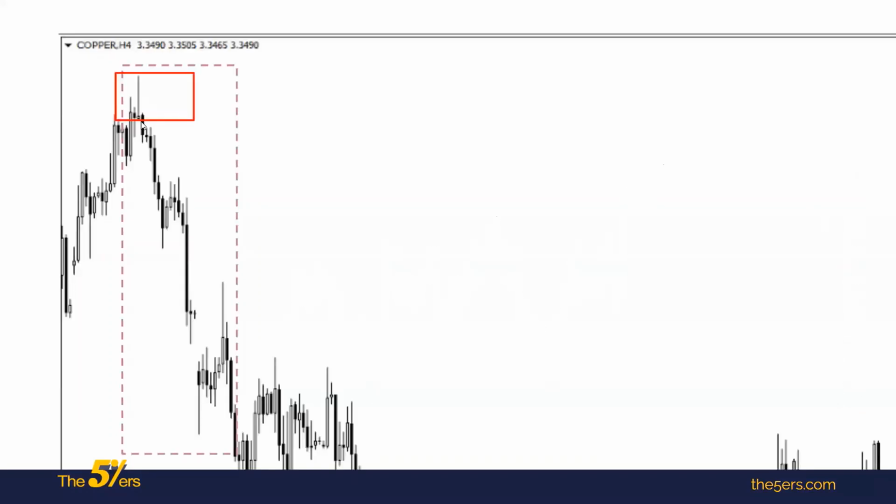Okay, so what we're going to do, because it's price, is extend that decision point level all the way to the future.